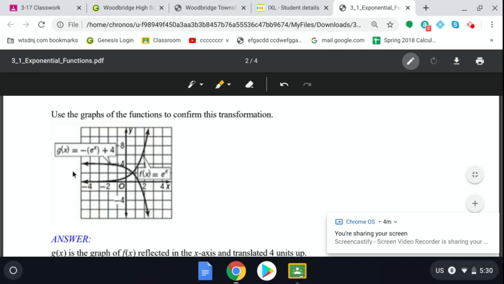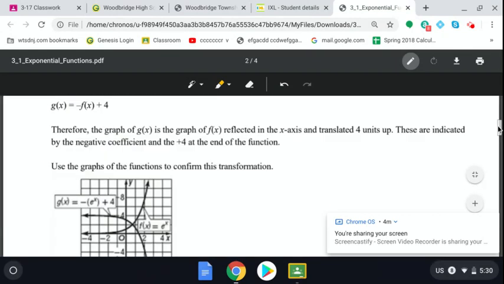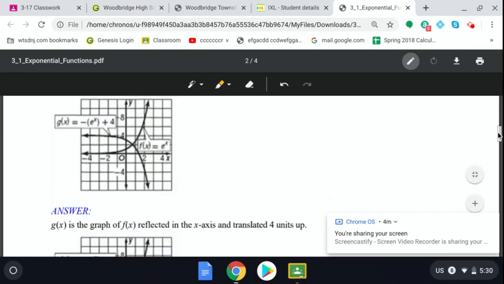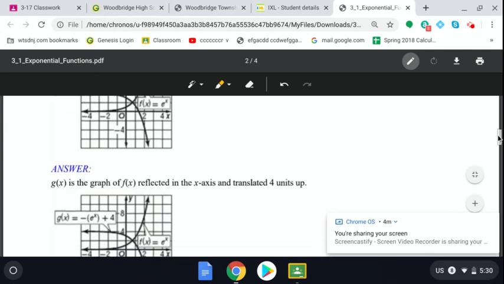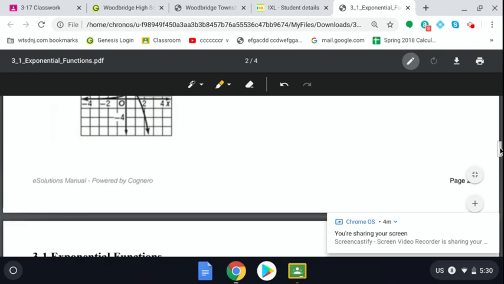It's decreasing, and that's pretty much all they're asking. Domain is going to be all real numbers. Range is going to be anything that is under positive 4. So you can see all those characteristics there as well. All right. So it says it's reflected in the x-axis and translated 4 units up.